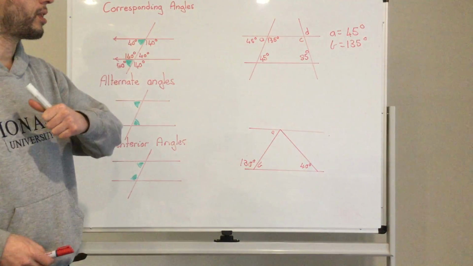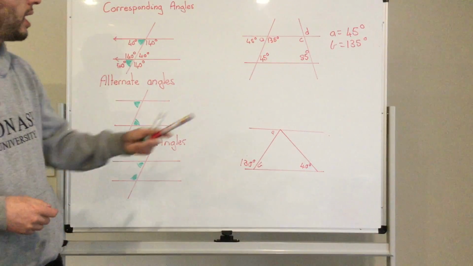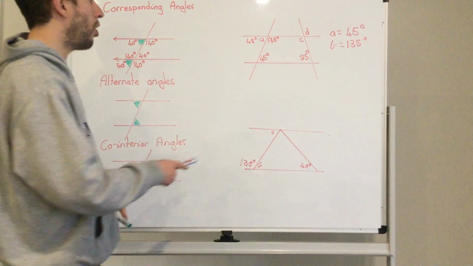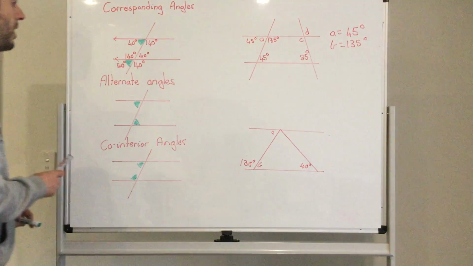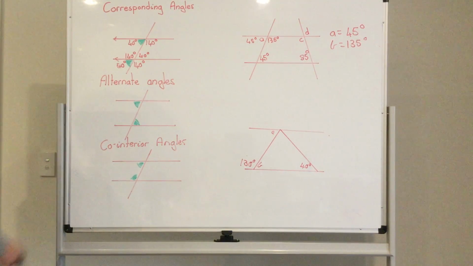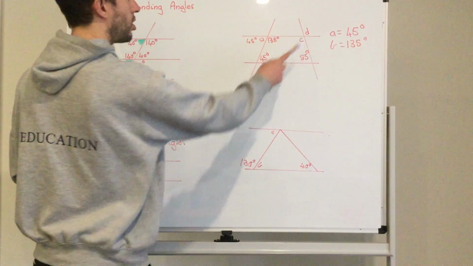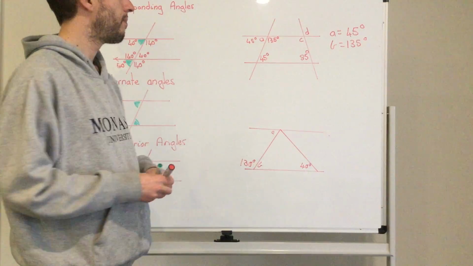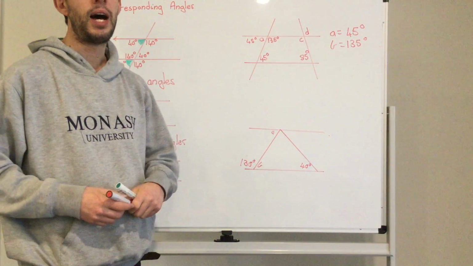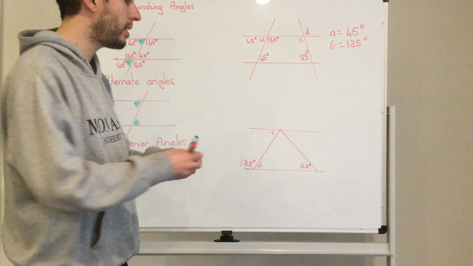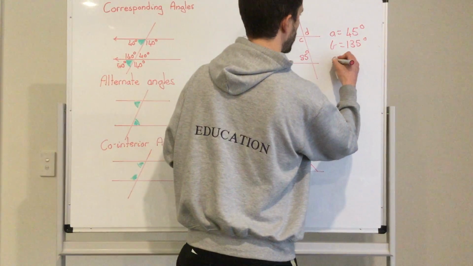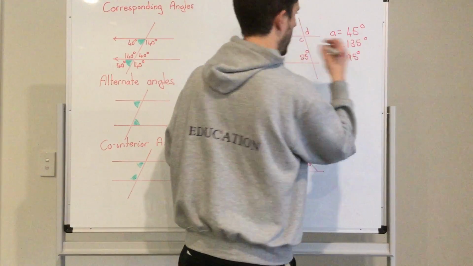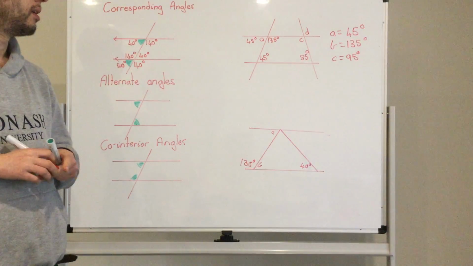So I could work it out that way, or because we're still looking at parallel lines, I also know that if I look at the cointerior angles, these two must add up to 180 degrees. So if this is 85, 180 minus 85 equals 95 degrees.